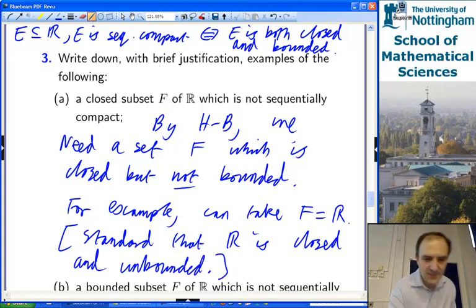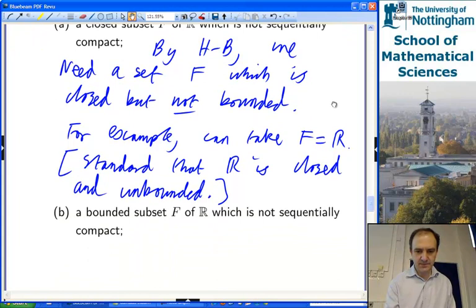So that does that one. What about the next one? This time, we want a bounded set which is not sequentially compact.